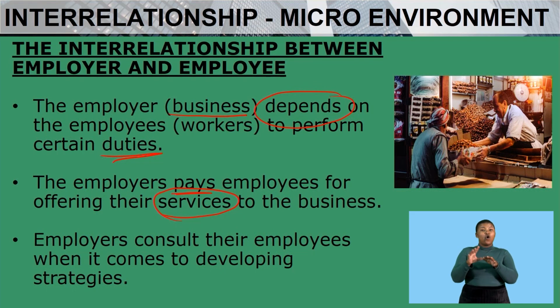So the last example here of the relationship between the employer and the employee is that the employer will sometimes consult their employees when it comes to developing certain strategies. So they will ask them for their input and their opinions before finalizing strategies that they want to implement in the business.